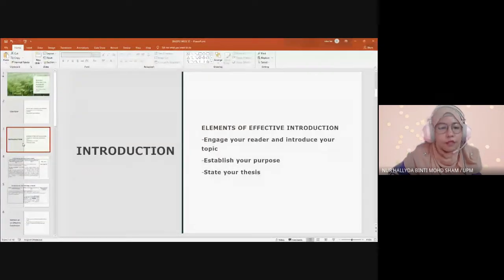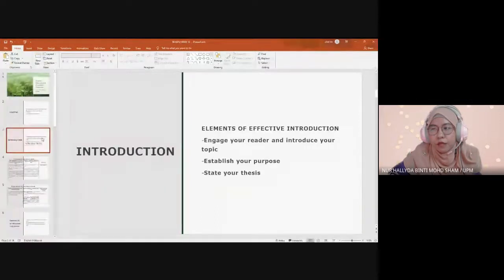Okay, now let's start with the introduction part of your paper. You don't just place one person to only write the introduction, because you don't want to have a very lengthy introduction. You're not writing a thesis paper or a journal. You are writing basically an essay, a long essay.